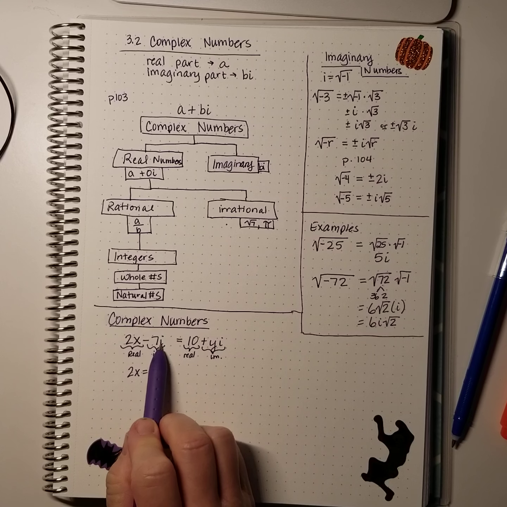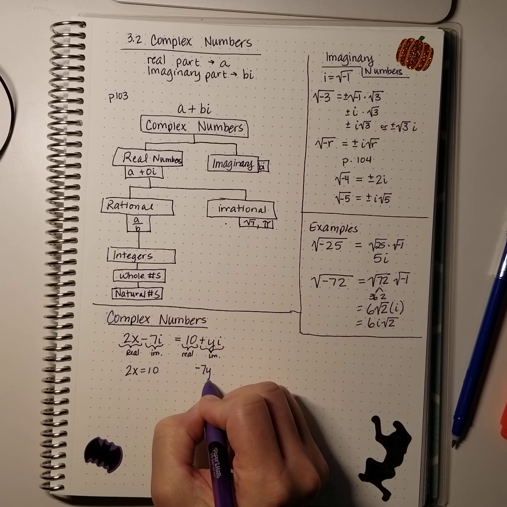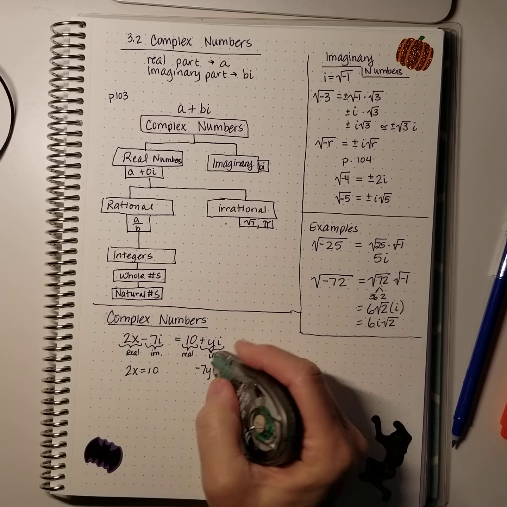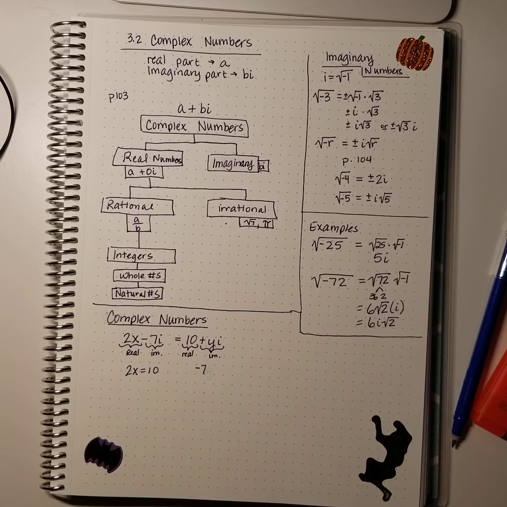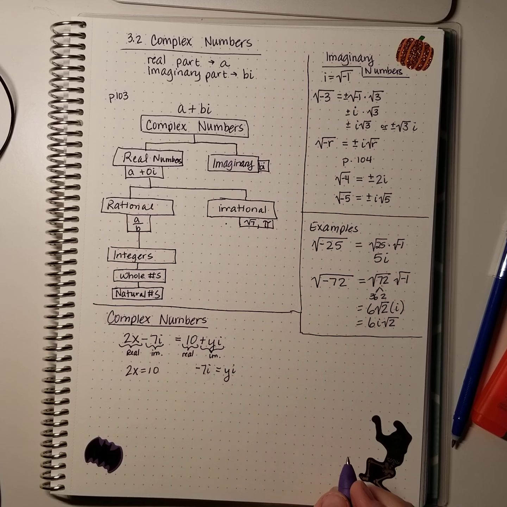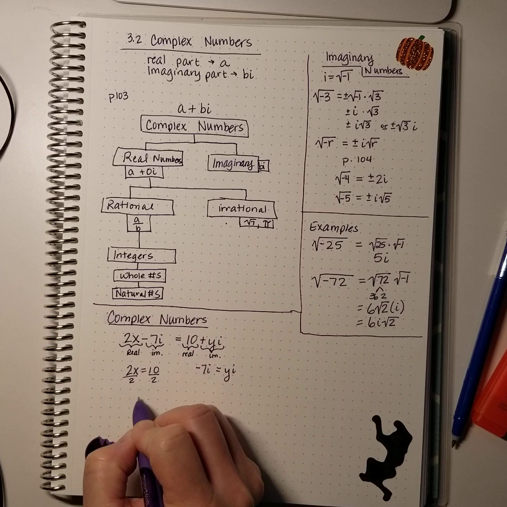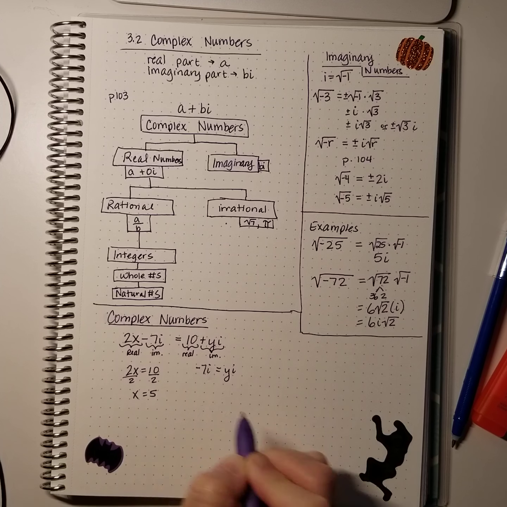And then negative 7i equals yi. And we go ahead and we solve. And so here we divide by 2. We get x equals 5.